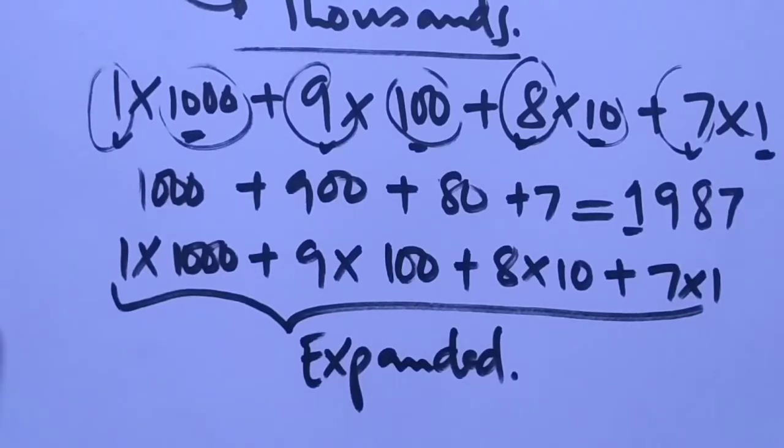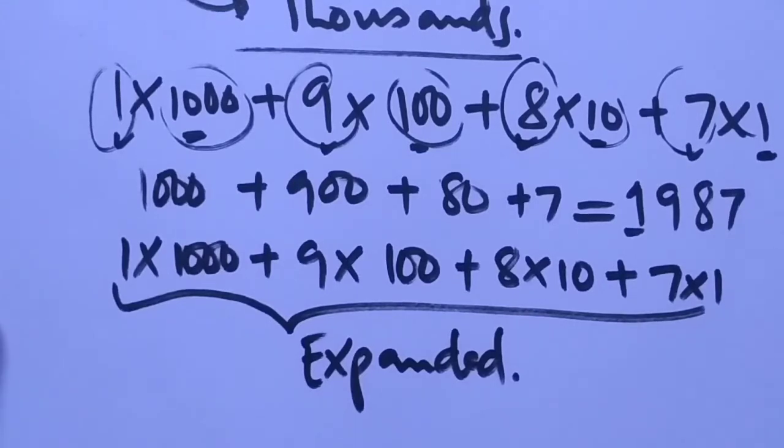So kwenye place value number tunaanzia kulia. From right tunakuwa tuna mamoja, makumi, mamia, maelfu, makumi elfu na kuendelea. That's how we are talking about the place value.